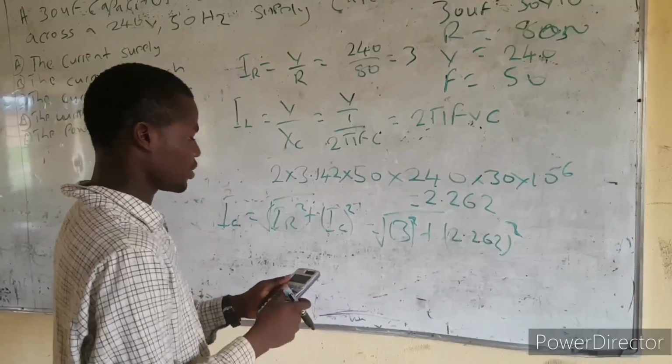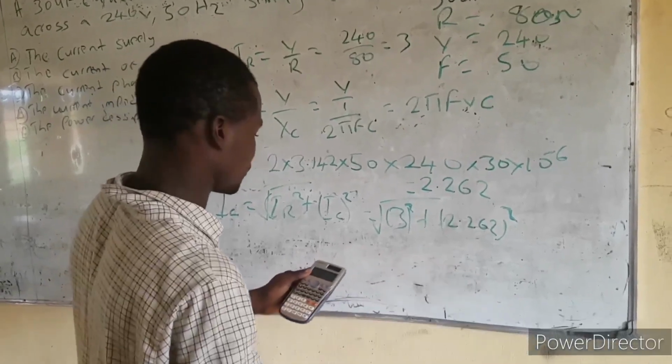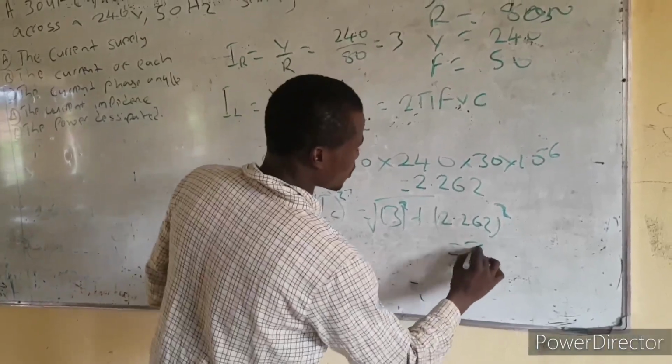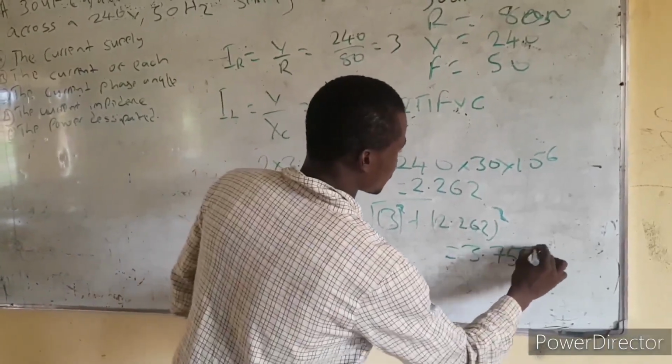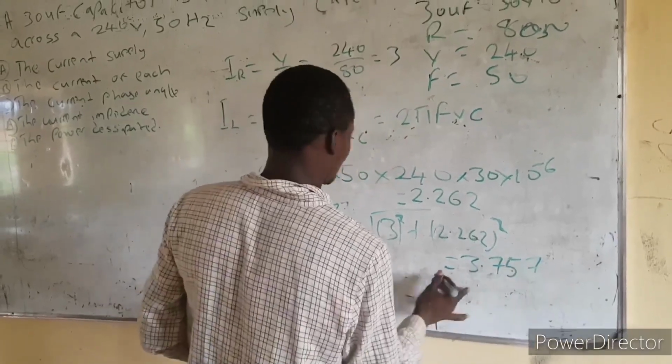So what we have here is 3.757. That's what our current is now.